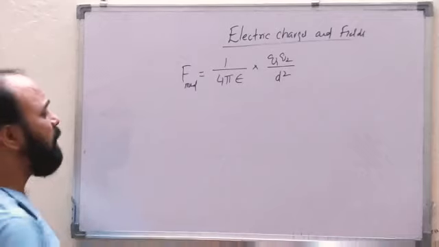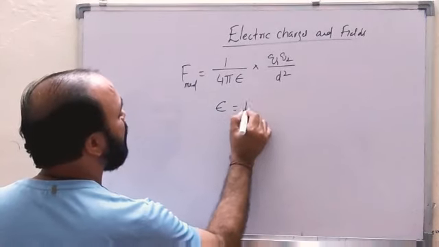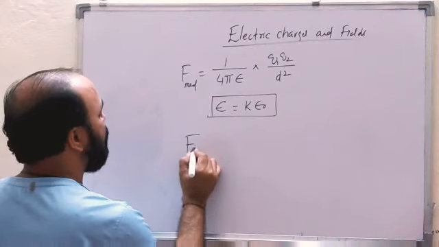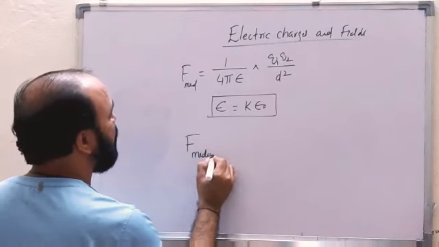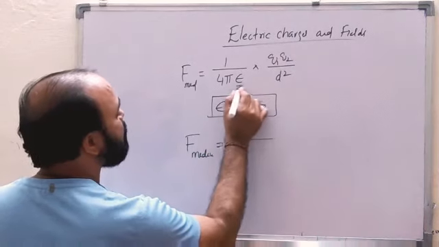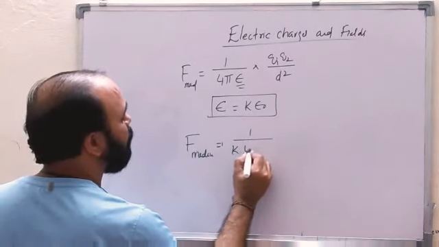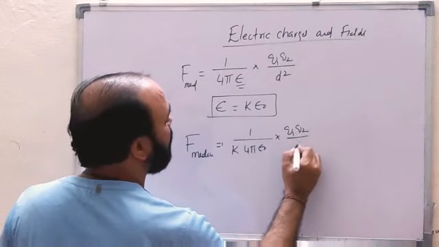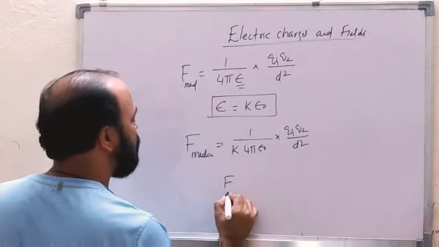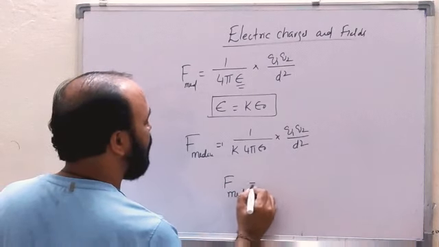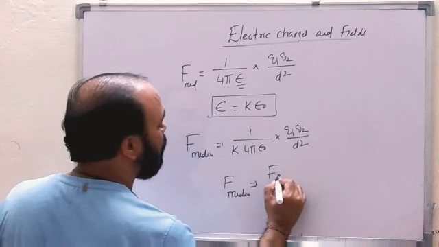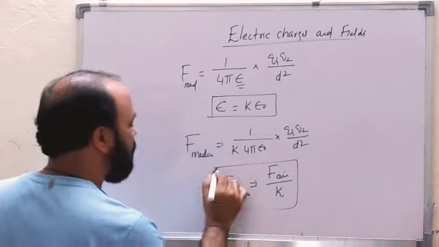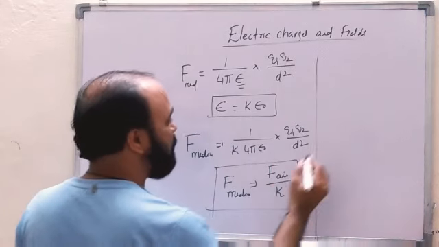Now epsilon we can write as K into epsilon naught. So force in the given medium is equal to 1 by 4 pi K epsilon naught into Q1 Q2 by D square. Means force in any medium is equal to force in vacuum or air divided by the dielectric constant value.